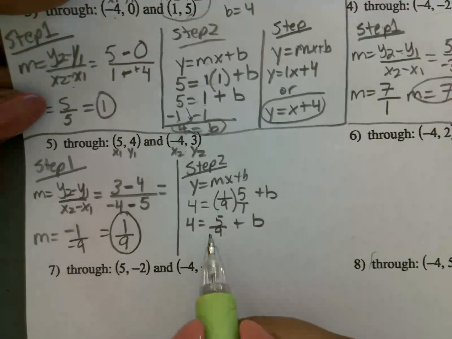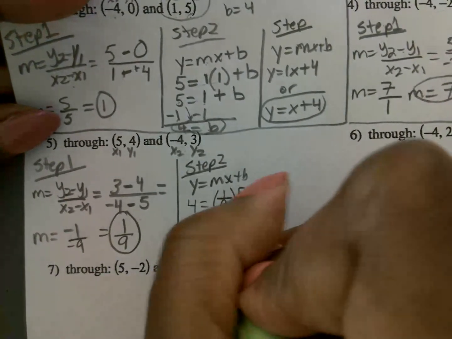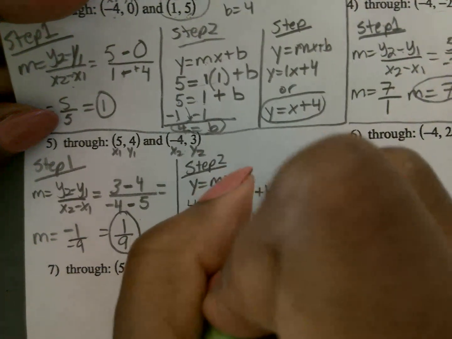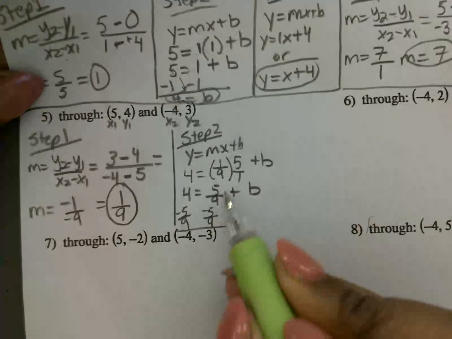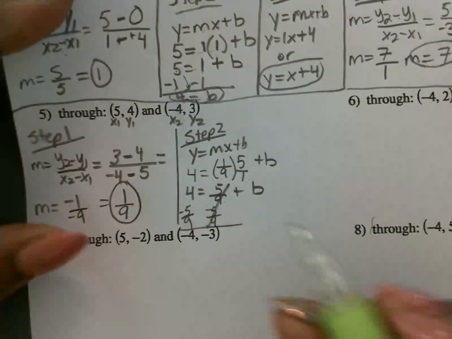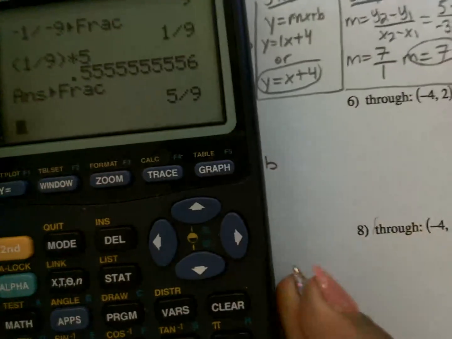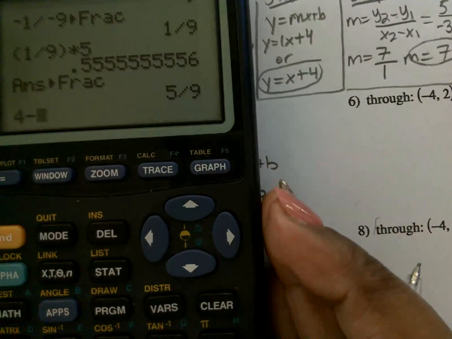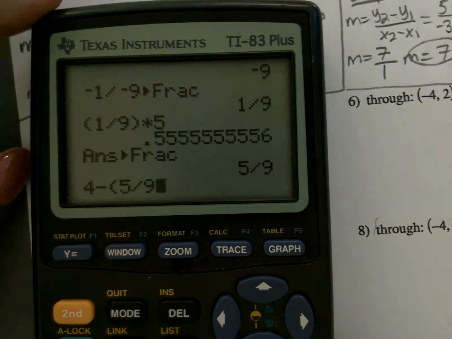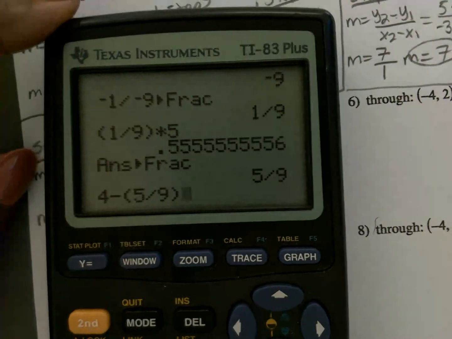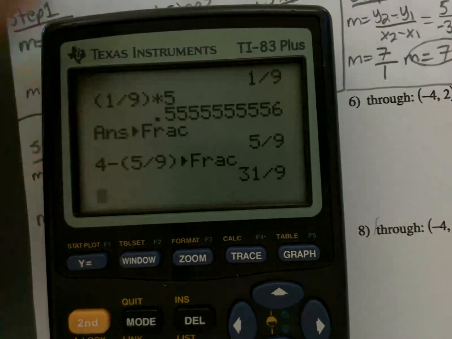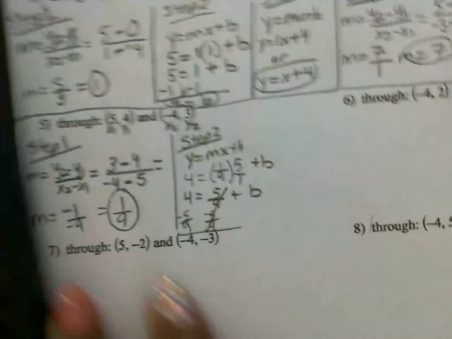Now move the 5 over 9 over here by subtracting. So I'm going to subtract 5 over 9. This is gone. So let's do 4 minus 5 over 9 to see what B is. So do 4 minus the fraction, parentheses, and the fraction is 5 over 9. Close parentheses. And you can press math, enter, and you get 31 over 9.